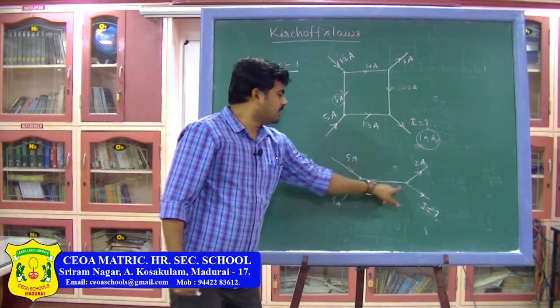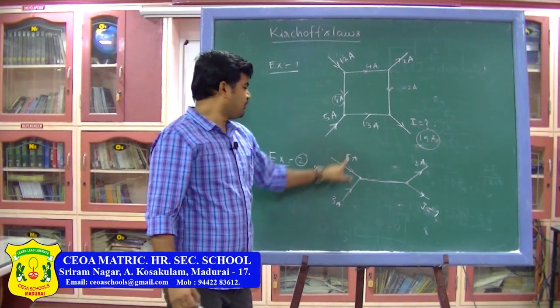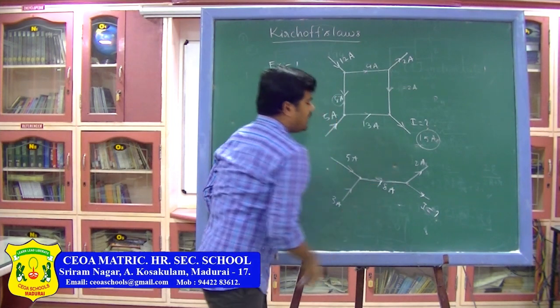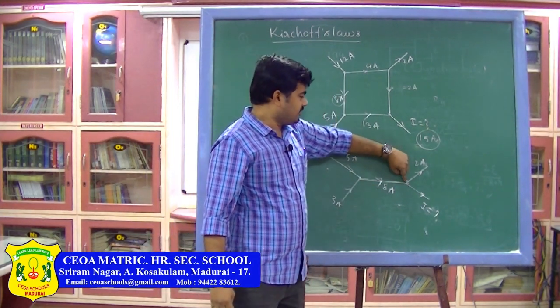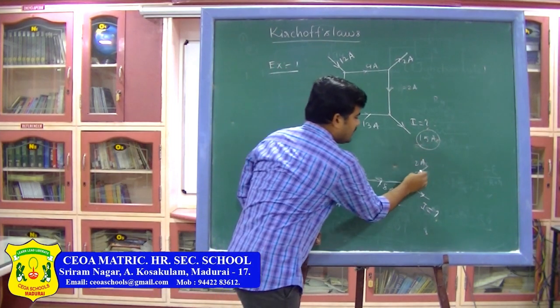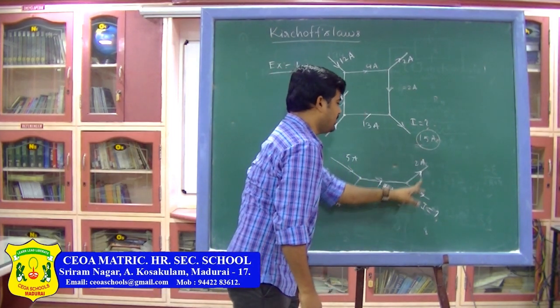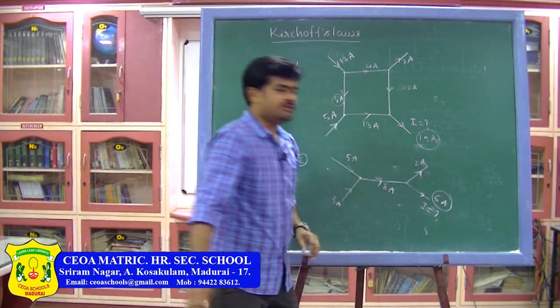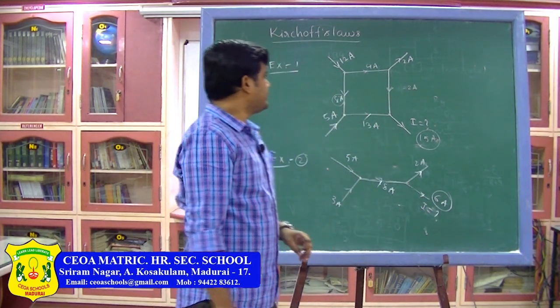So, the current away from the junction must be equal to 5 plus 3, that is 8 amperes. Now, this 8 amperes is approaching this junction where 2 amperes is moving away from the junction. So, this current must be 8 minus 2, that is 6 amperes. So, this is another example related to the junction rule.